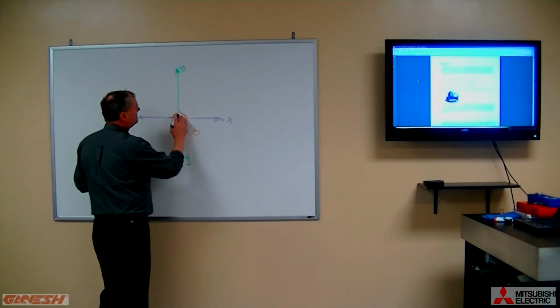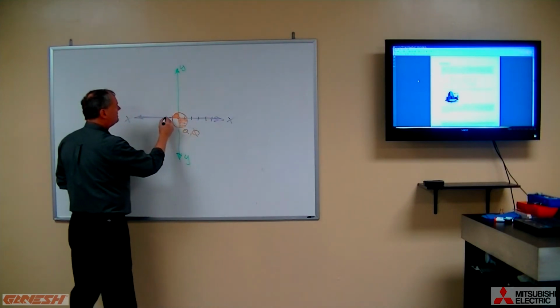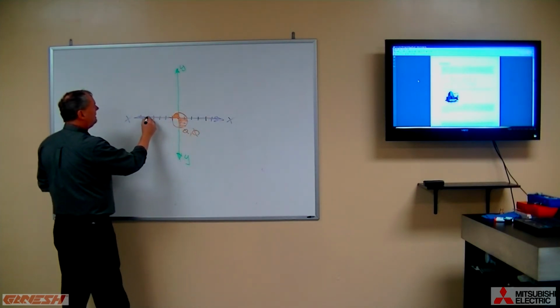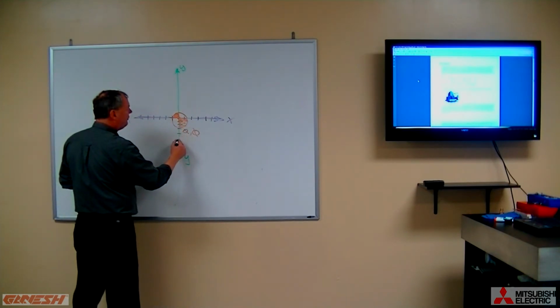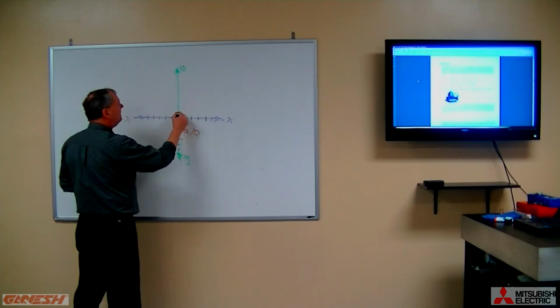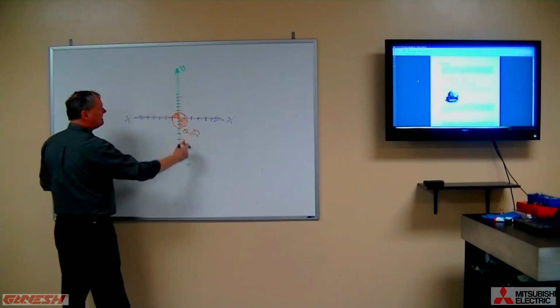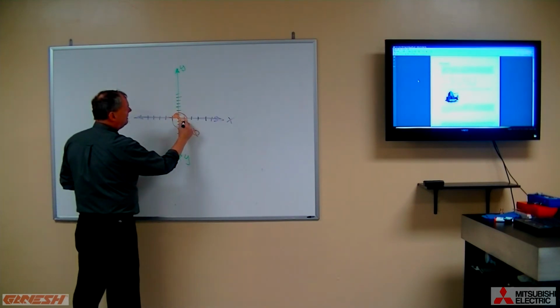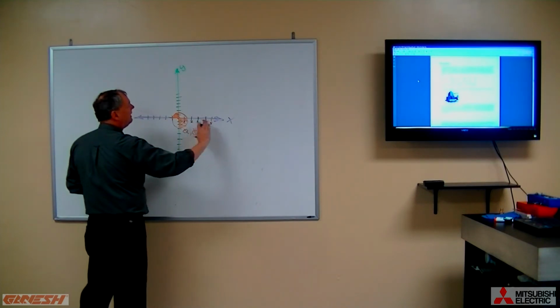So our coordinate system is origined where they intersect. And we then take each axis and divide it up into units. Again, these units might be inches, they might be millimeters. Let's not concern ourselves with the unit values at this point, other than they're equally spaced along the axes. So this might be unit number 1, unit number 2, unit number 3, unit number 4, 5, and so on.